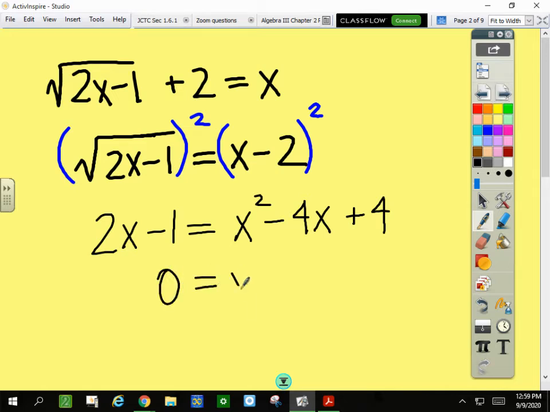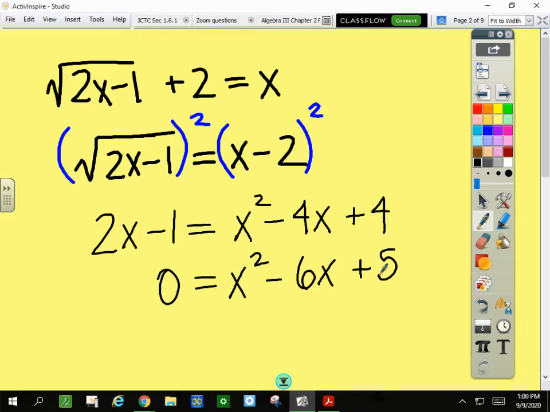So get a 0. I'm going to subtract 2x and add 1. And I'm going to stop here and double check that I recopied everything correctly, squared that binomial correctly, and gotten a 0 correctly. So that looks good.